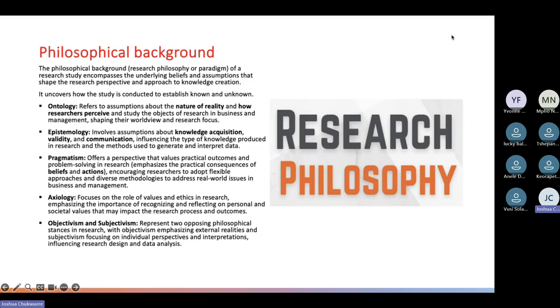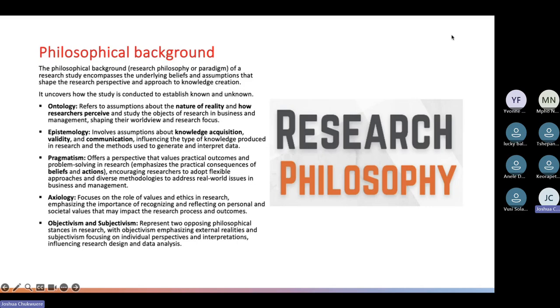What about objectivism and subjectivism, which represent two opposing philosophies in research, with objectivism emphasizing external reality. Now you're looking at the external reality versus the internal, individuals' internalized reality. How does what people feel, what happens in their society, compare to what they can feel as a person?